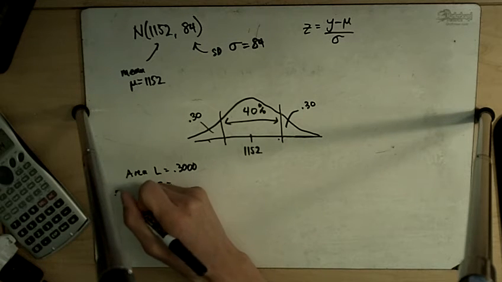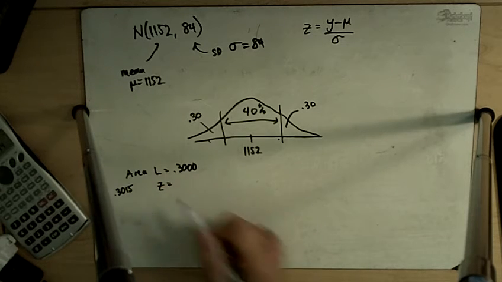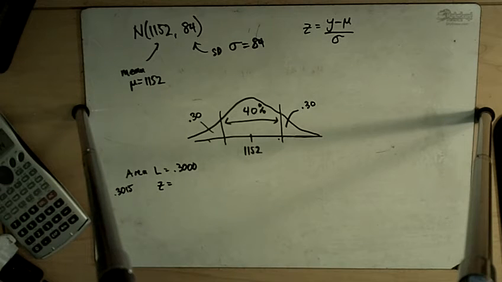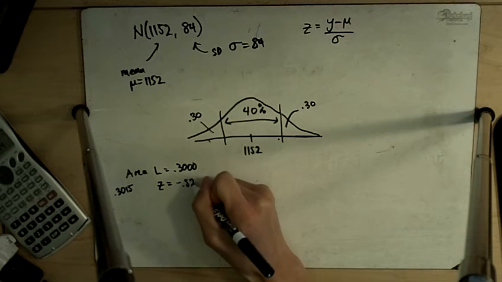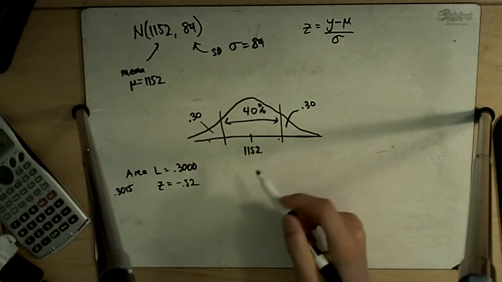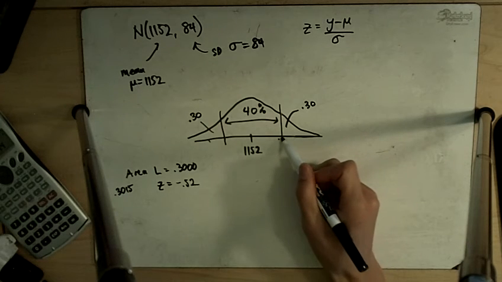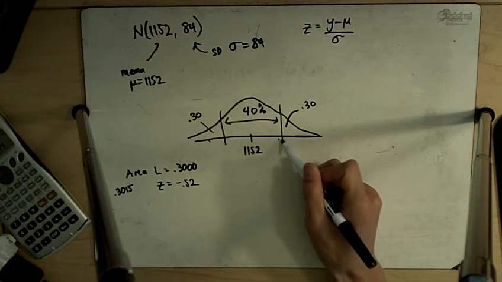So the closest is 0.3015, and that corresponds to a z-score of negative 0.52. Alright? So from symmetry, I know that this z-score is going to be positive 0.52.